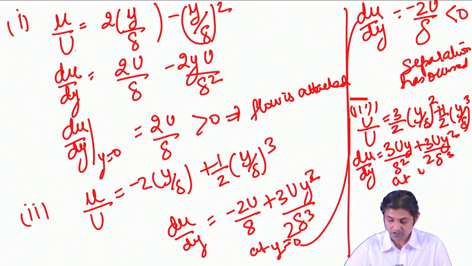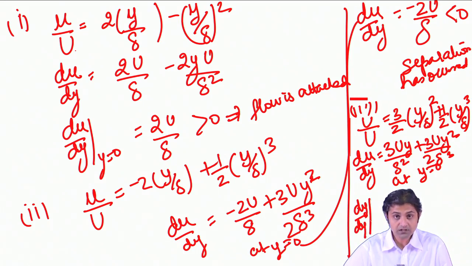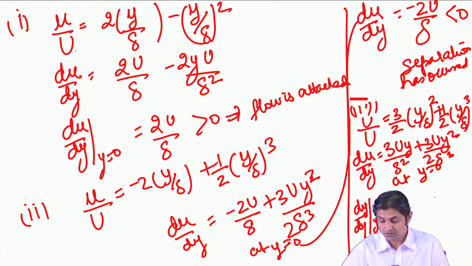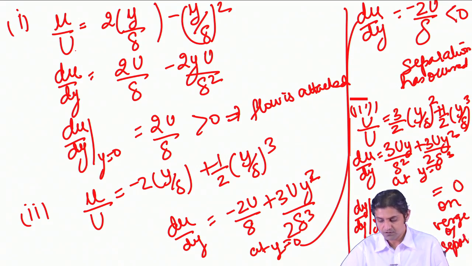That means at y equal to 0, du/dy is 0, alright. So this is equal to 0, which means on the verge of separation.